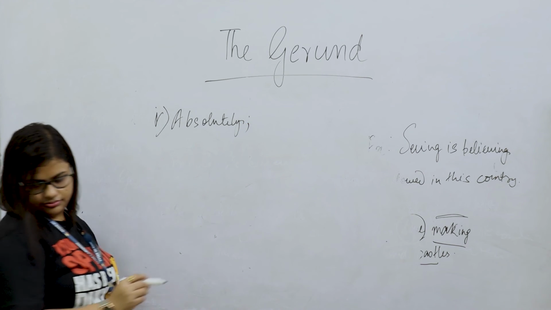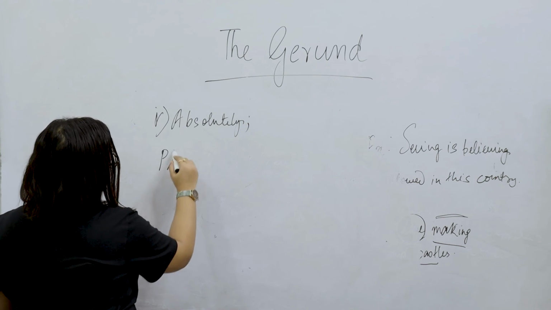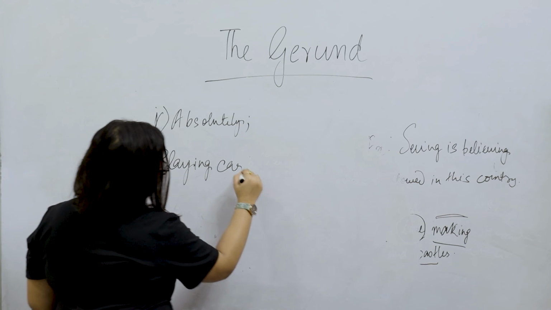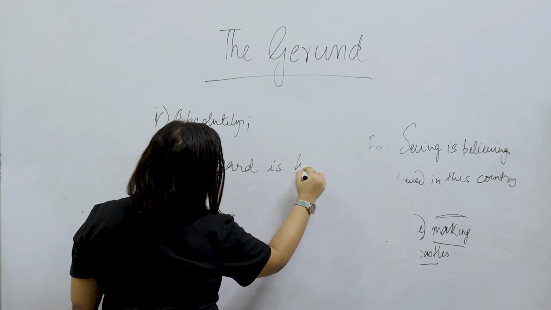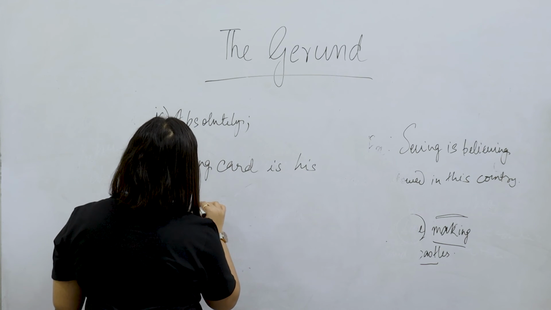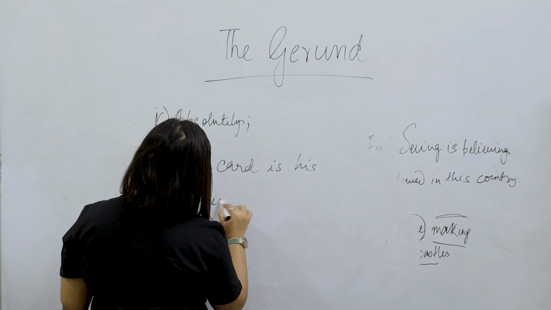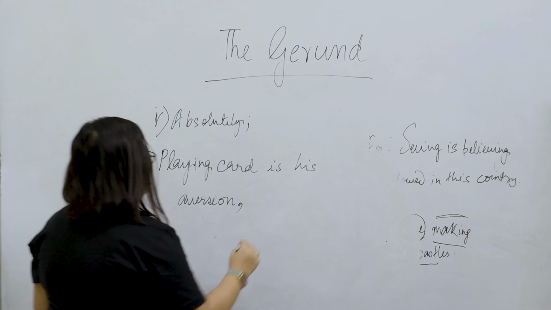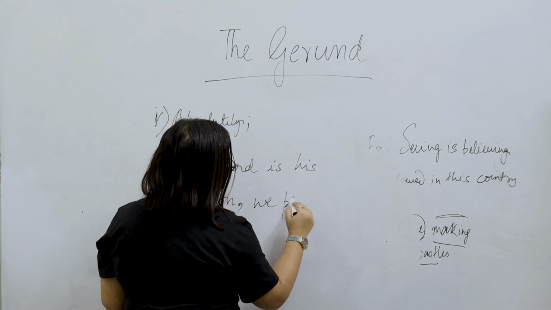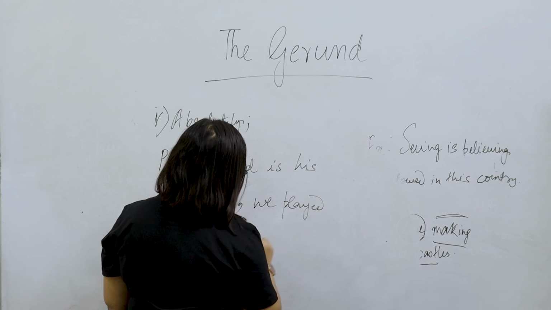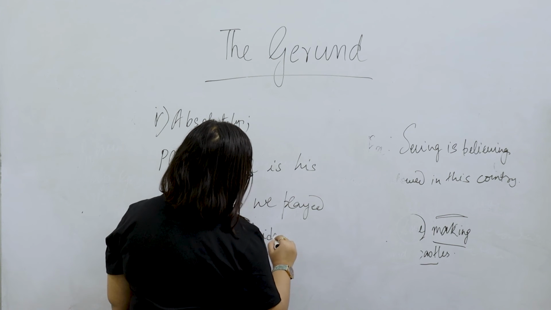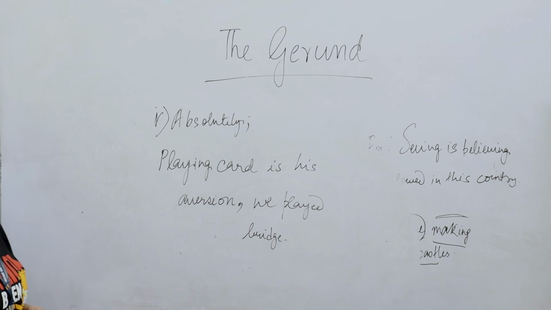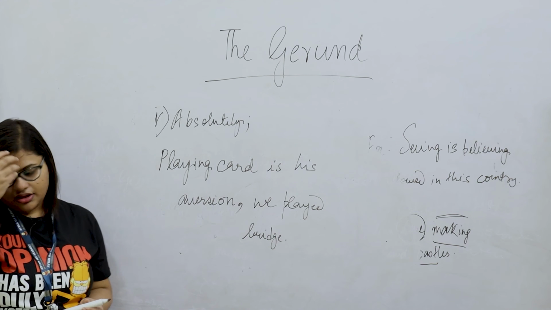Example: playing cards is his aversion. We did not play bridge. So here we are talking in absolute terms, like we absolutely hate playing cards.